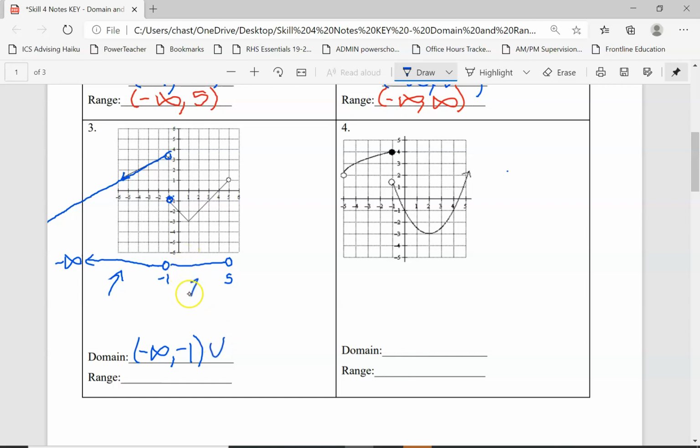But then we have this piece over here that includes everything from the right of negative 1 over to 5. So we're going to have negative 1 to 5. But again, the open circles here mean that we are not going to include the endpoints. Okay? That's going to be our domain. So domain, we're looking left to right.